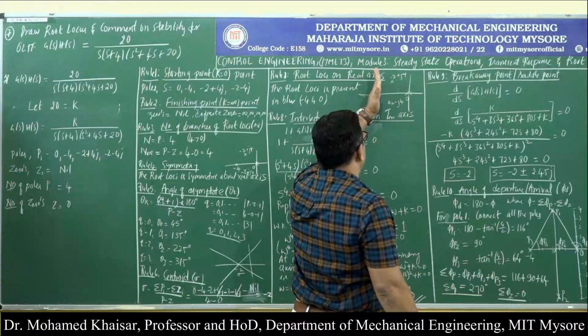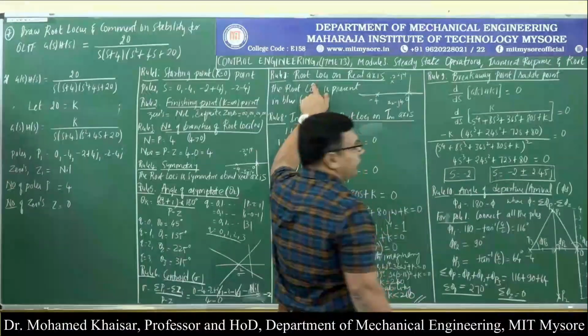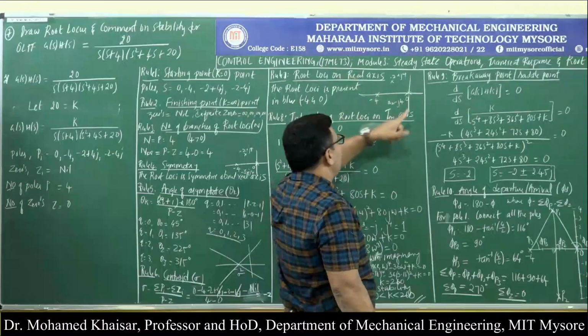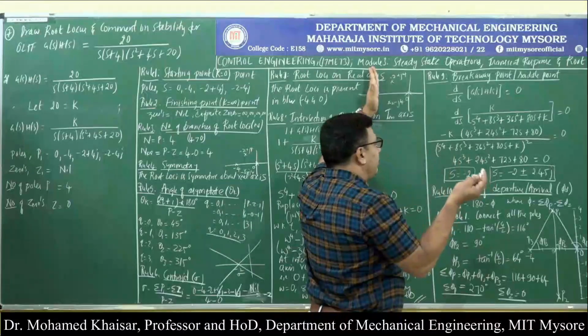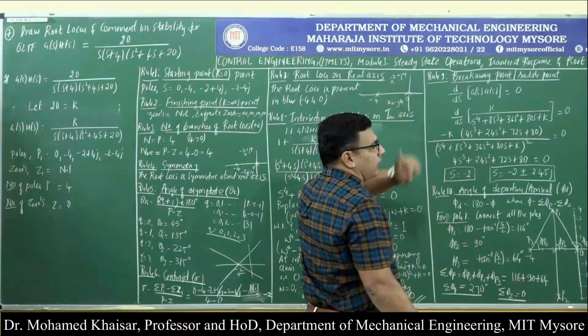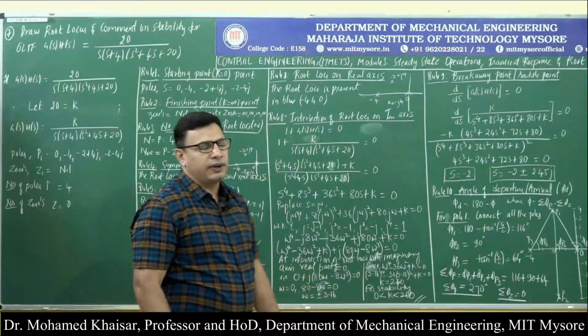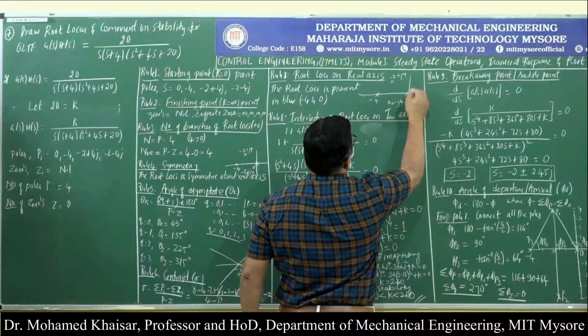Then between -4 and 0 on the real axis, because the rule is about whether root locus is present on the real axis or not, on the real axis we have got only 2 poles. Keeping to the right, how many poles are there on the real axis? There is only 1 pole.